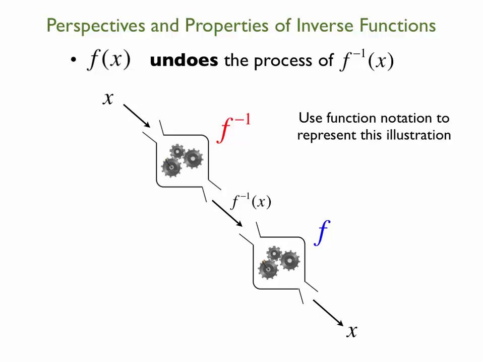Tell me. F of f inverse of x equals x. Because what comes first? F inverse comes first, right? And then we're going to take the output of f inverse, put it into f. Right there, that's what we're seeing. And if we do that, we undo the process, we get back what we started with.